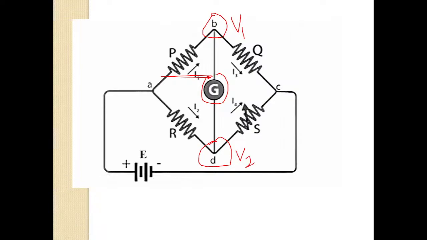If V1 is not equal to V2, then the difference between V1 and V2 will cause current to flow through the galvanometer.